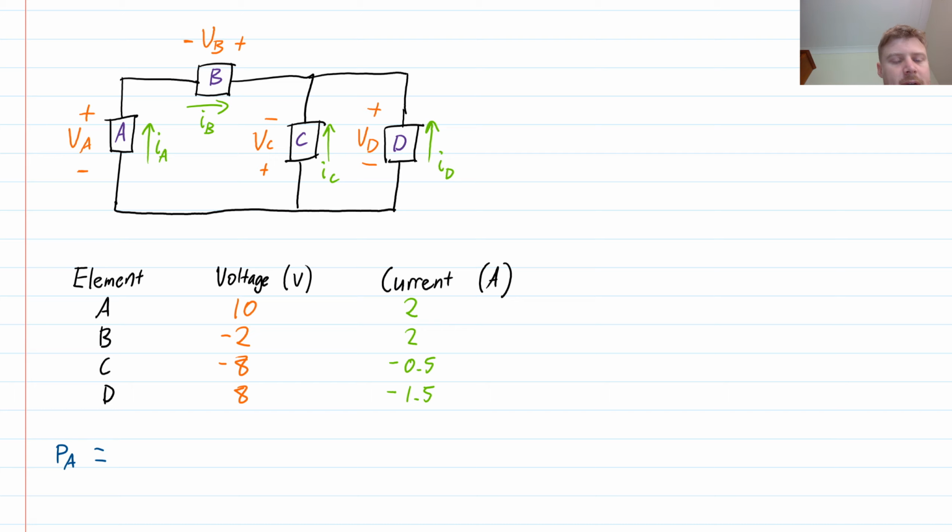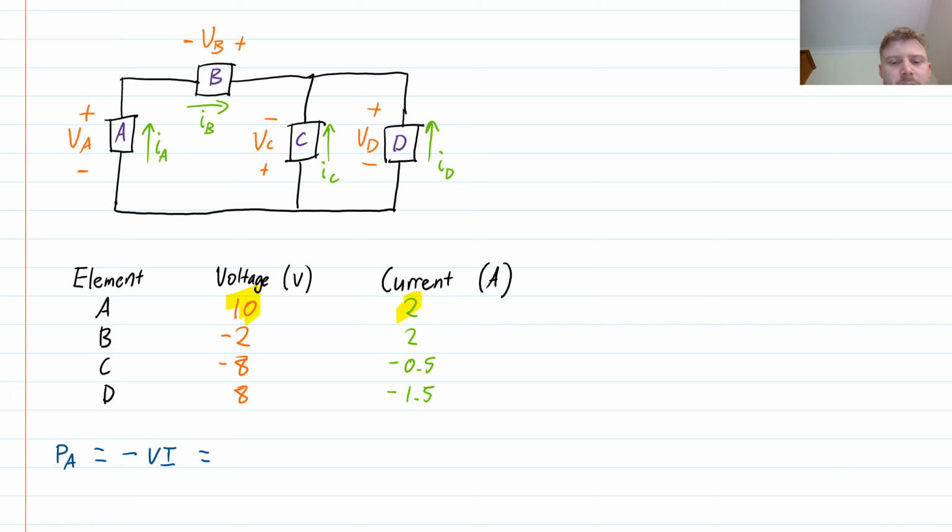For the power at element A, I look at the signs, and I see that the current is entering the negative terminal, so I use negative VI by the passive sign convention. Now I can read off the values from this table.